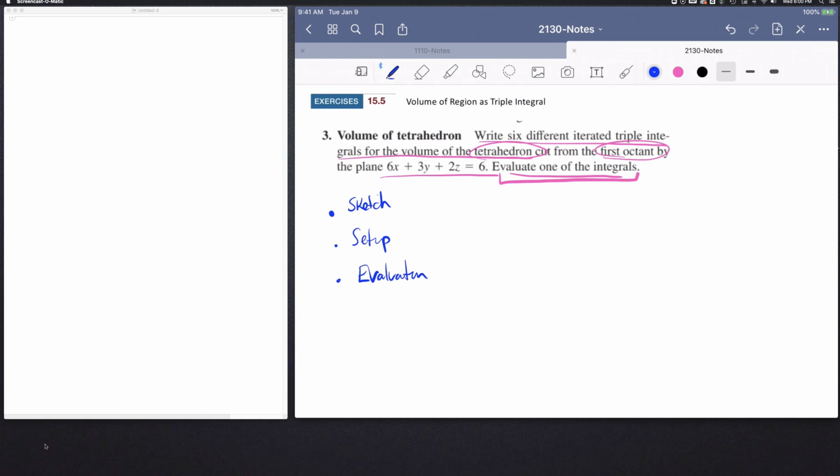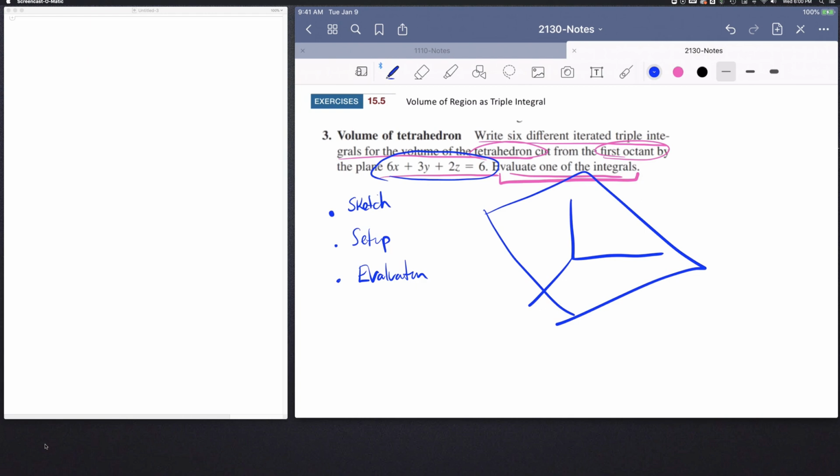So let's get a sketch of this region. We can see that the surface given is a plane, right? And this plane needs to come through into the first octant. So here's the x-axis. We have all these different coordinate planes, as we've looked at in previous problems.